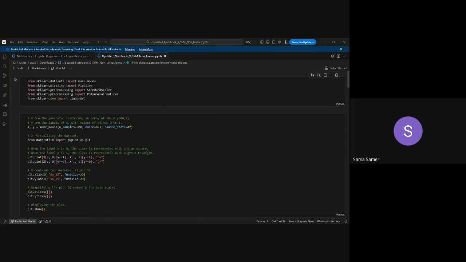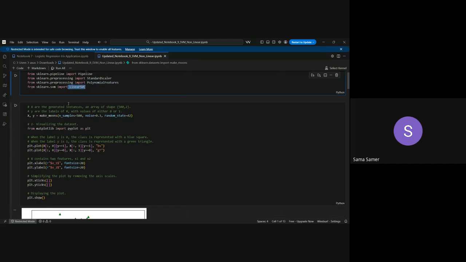Here for an SVM, we have loaded a dataset called make_moons. We have entered something called a pipeline, and I will explain it to you, and it's StandardScaler, PolynomialFeatures and a LinearSVC. First of all, here we have an X and Y from make_moons.